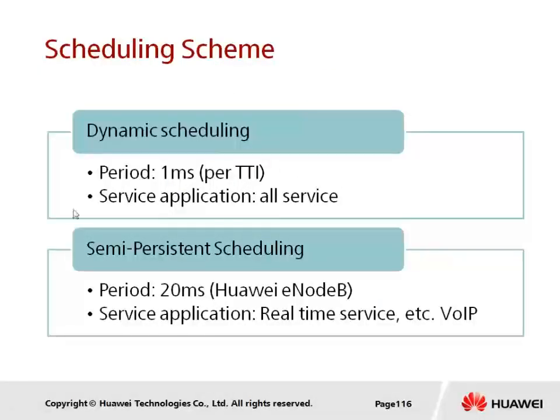So we have mentioned before that dynamic scheduling is with a 1 millisecond TTI, where it applies for all services, and semi-persistent scheduling lasts for 20 milliseconds, and that is for real-time services such as VoIP.